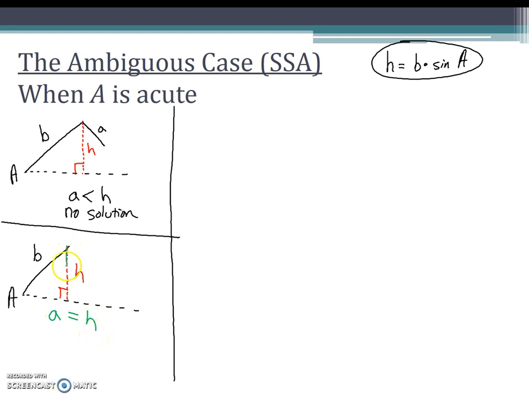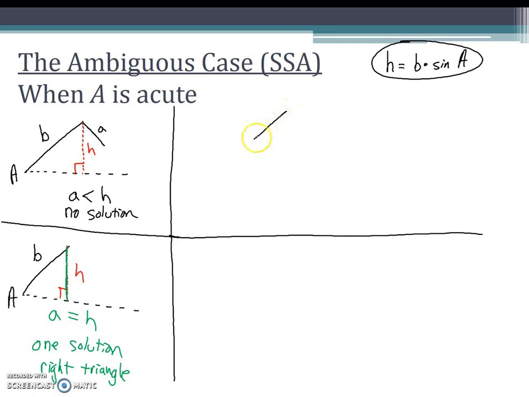If a were equal to h, there's one solution. And in fact, it would be a right triangle that you wouldn't necessarily need to use law of sines on. You could go back to SOHCAHTOA. All right, so that would be when a is equal to h.